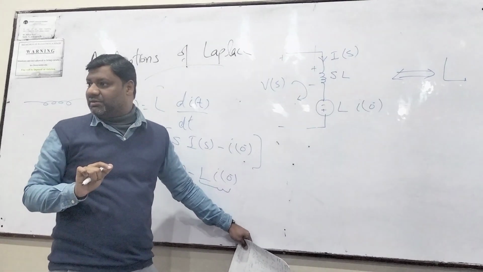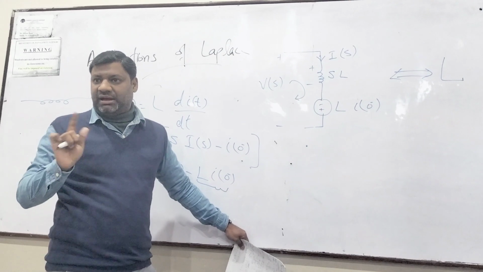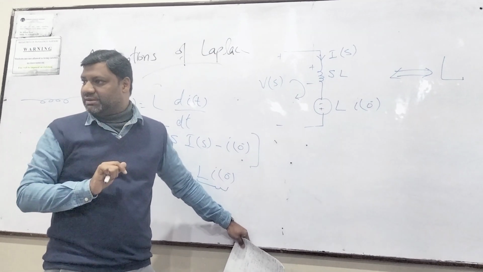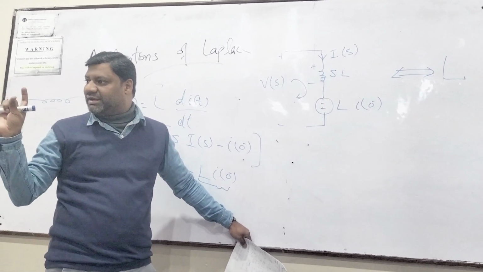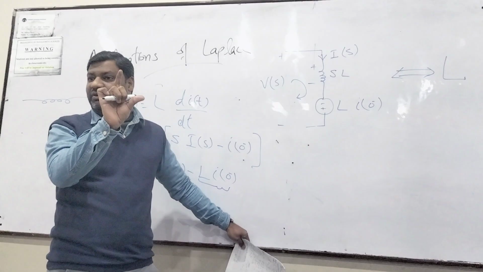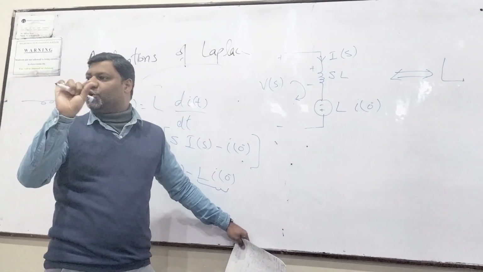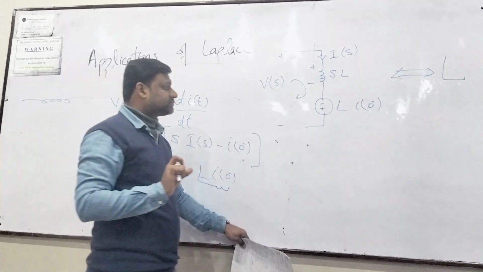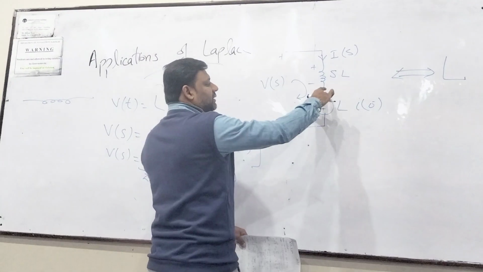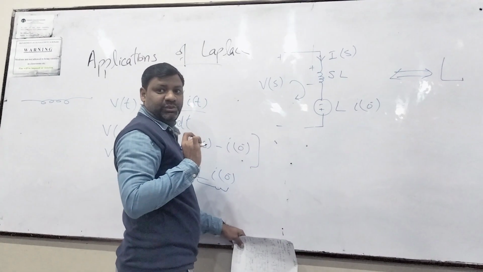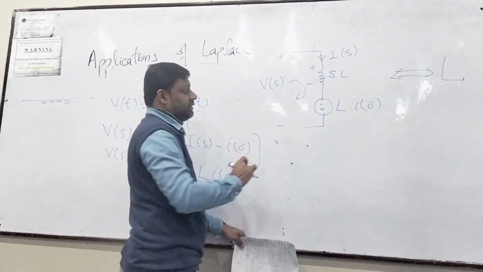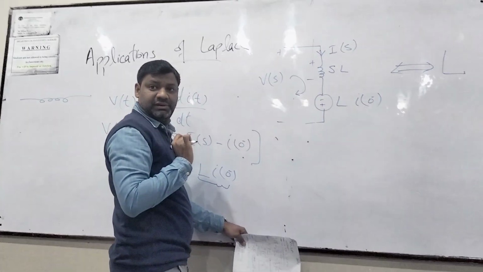An inductor in the time domain transformed in the phasor domain was j omega L, but in the Laplace domain, there will be a source as well. That's it.